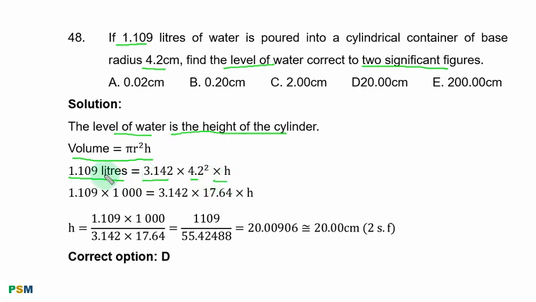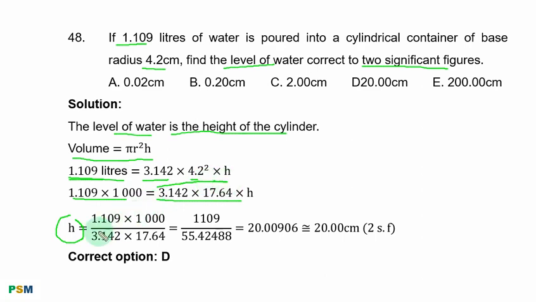The volume is equal to pi times radius square times height unknown. We have to convert this value from liters to cube centimeters by multiplying by 1000, equal to the right hand side. To make height the subject, divide both sides by the product of these two numbers.